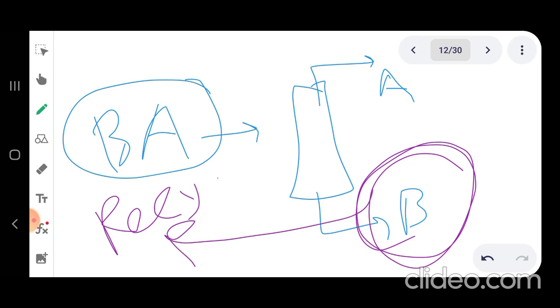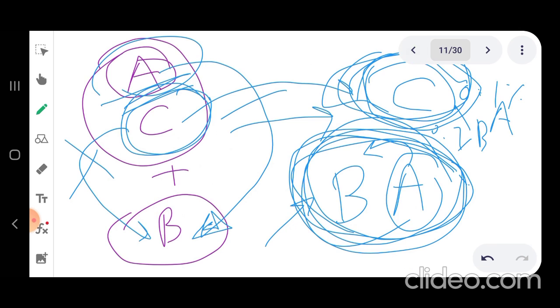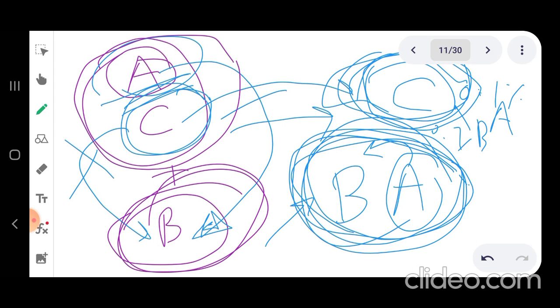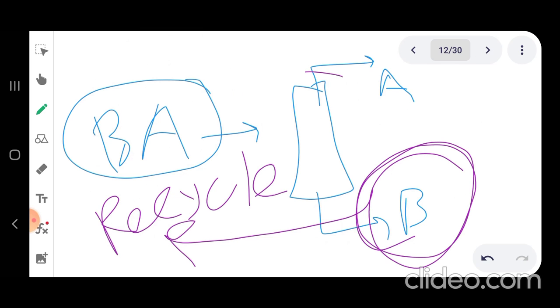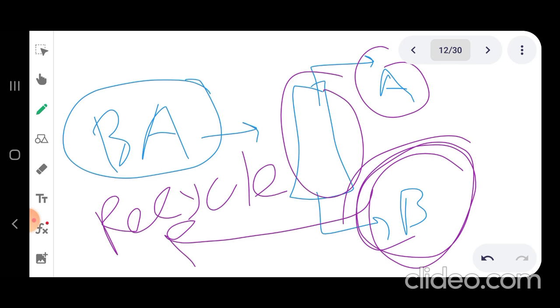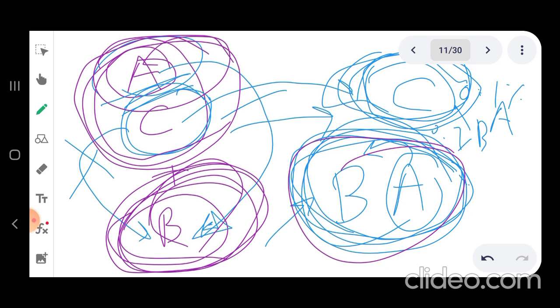You can use it again and again with a new feed of A and C. Then B takes this A, you take BA, feed it to distillation, you separate A from B, and then recycle B and use it again and again. So this is how things go in real industry.